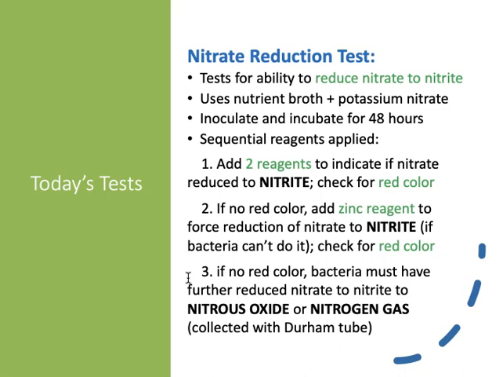In this case, if the nitrate gets reduced all the way to nitrogen gas, that nitrogen gas will collect as a bubble inside the upside down Durham tube. If there is no gas in the Durham tube, we know that the final product was nitrous oxide.